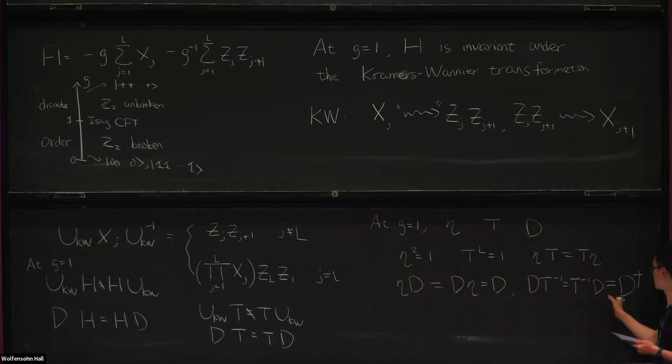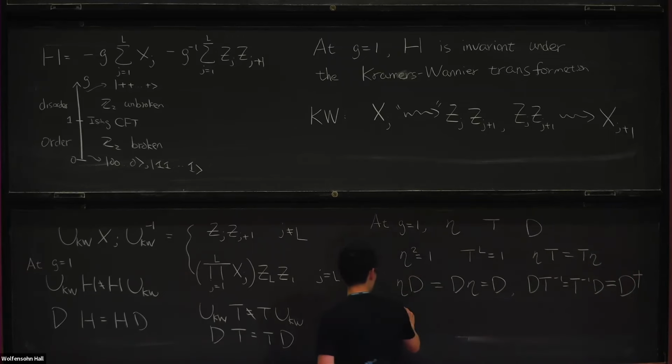But on the lattice, D dagger is not quite the same as D. They differ by a lattice translation by one site. But this is consistent with the continuum picture. How do you go to the continuum? You take L to infinity. In that thermodynamic limit, the lattice translation by one site doesn't do much. So the lattice translation operator T becomes 1, and you recover the self-adjoint operator. But on a finite lattice system, D is actually not self-adjoint.